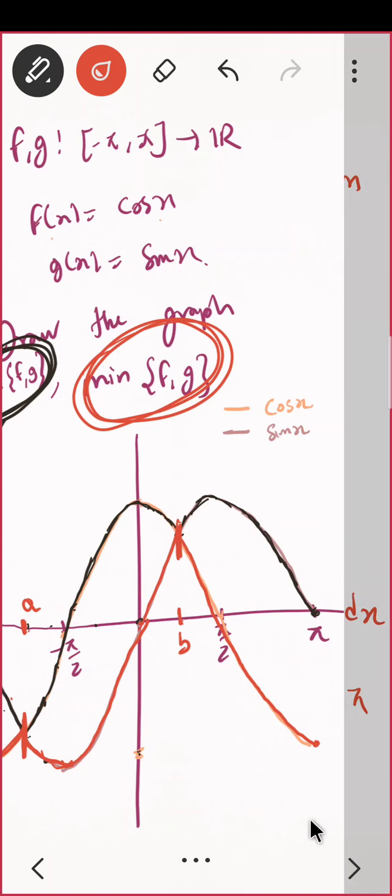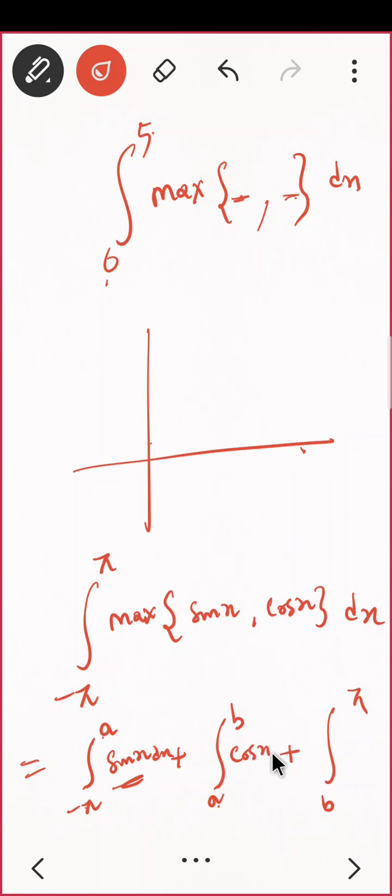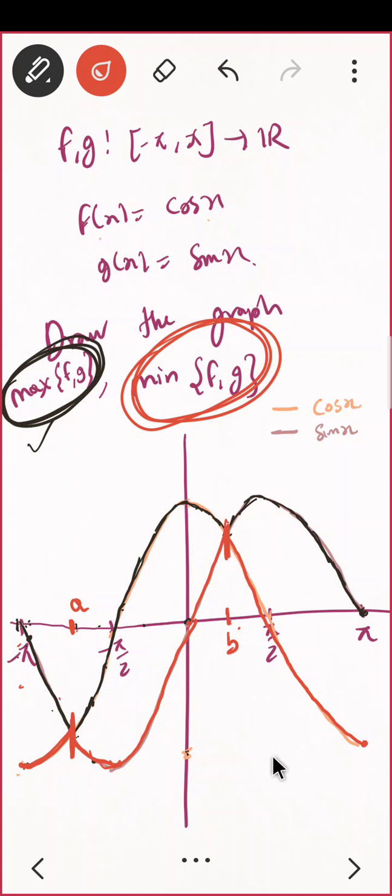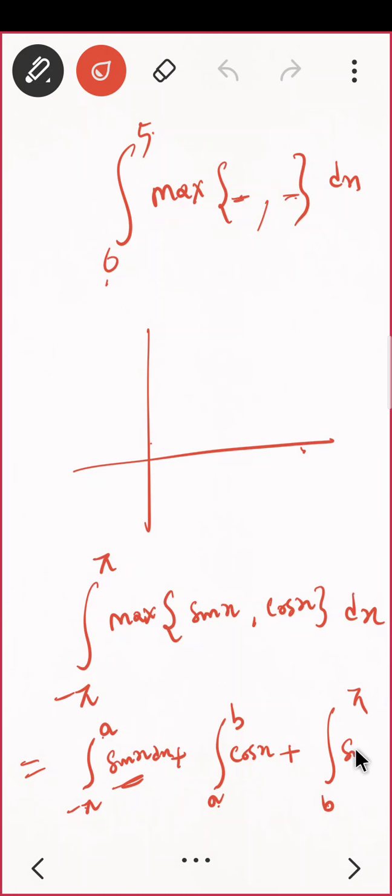So here it will be cos x. From B to pi, which one is maximum, again sine, so it will be sine. Is that clear? So this is how it was looking very difficult, but it is quite easy to solve. You just have to solve these three integrations and get the value, that's it.